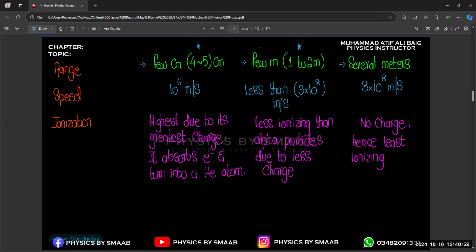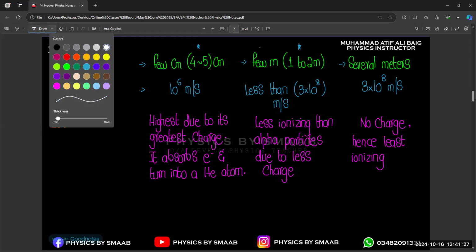And if we talk about their speeds, you can see the speed of alpha is around 10 to the power 6, like 1,000,000 meter per second. And if we talk about beta, beta is less than the speed of light. You know this value, 3 into 10 to the power 8. This is the speed of light.